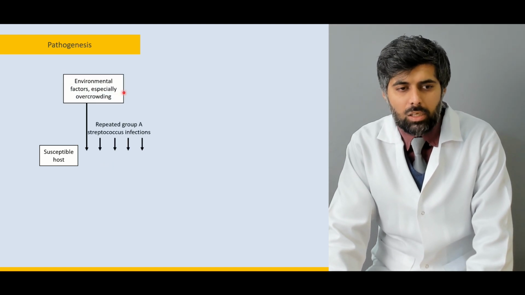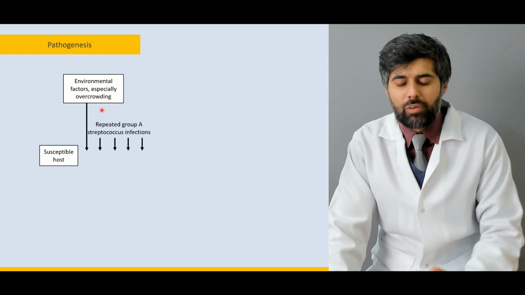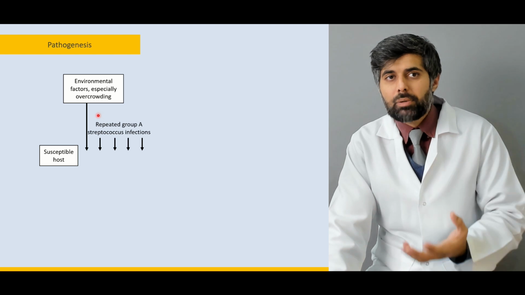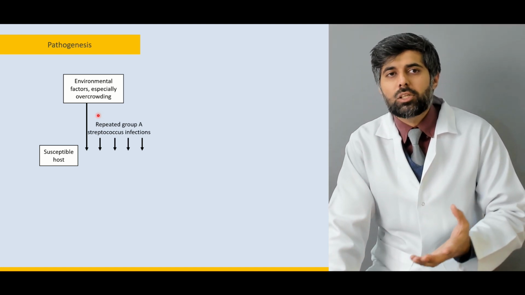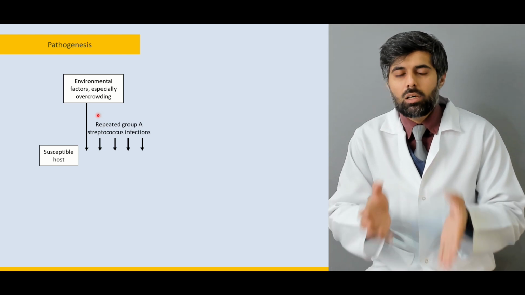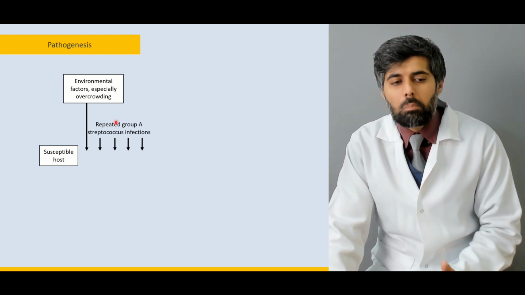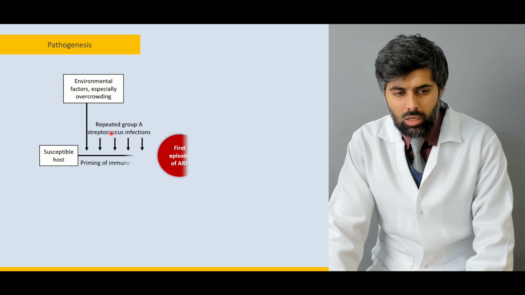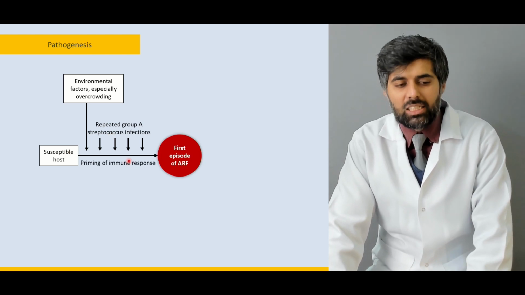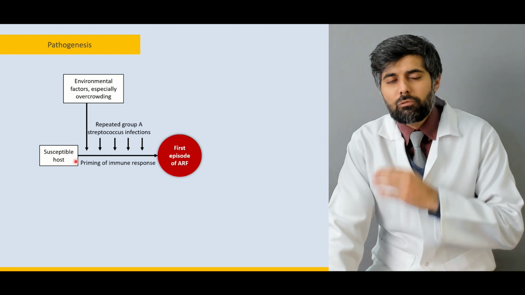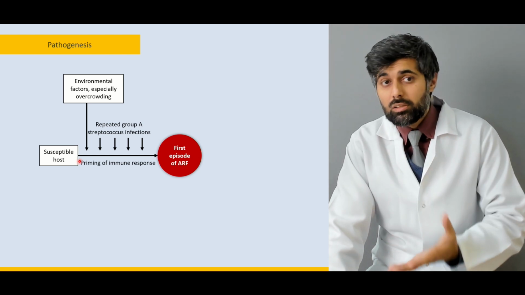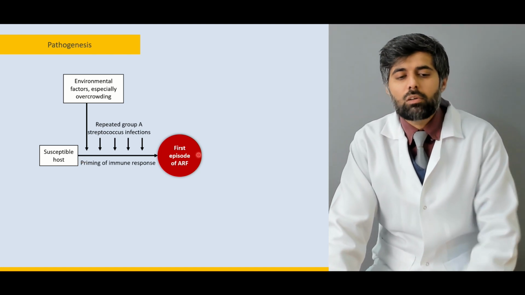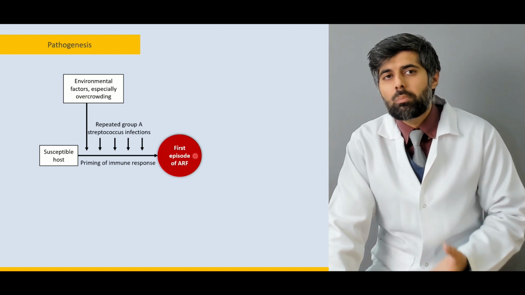Due to environmental factors, especially overcrowding, the bacterial pharyngitis spreads among other patients and has epidemic qualities, and the patient might suffer from repeated group A streptococcal infections. Because of these frequent and recurrent infections, the patient will suffer from the first episode of acute rheumatic fever.